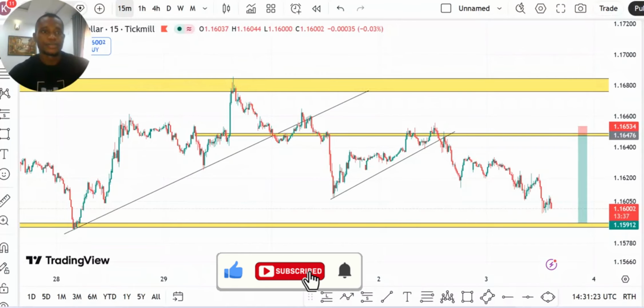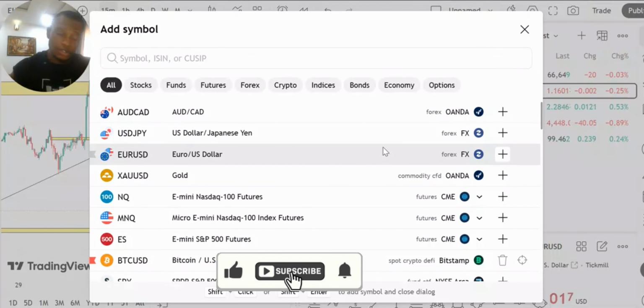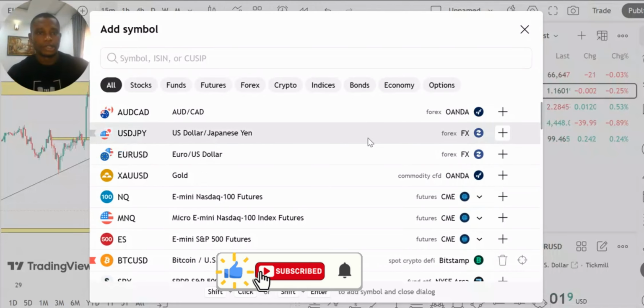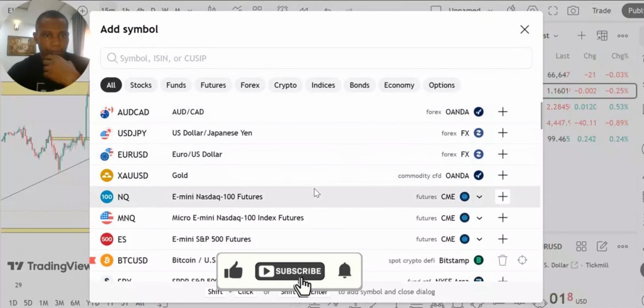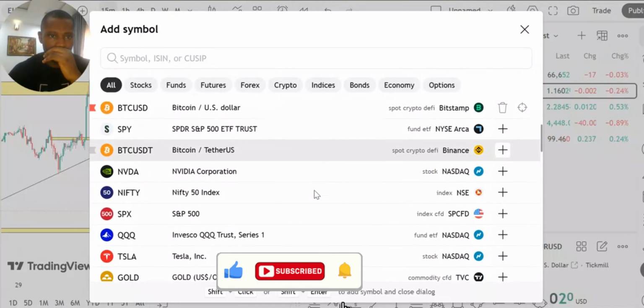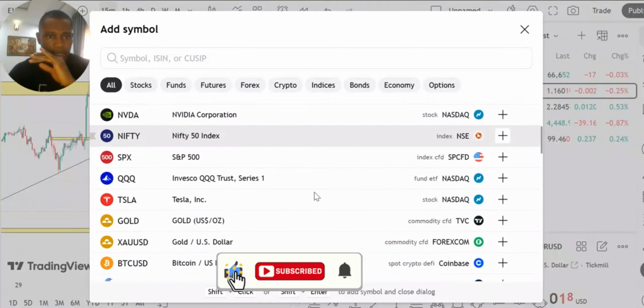All right, I'll be showing you guys how you use your trend line. So right now, I'm going to be looking for a pair to analyze from the top, so we'll be able to show you guys how it works.